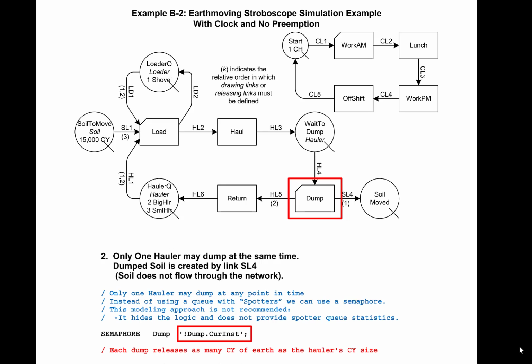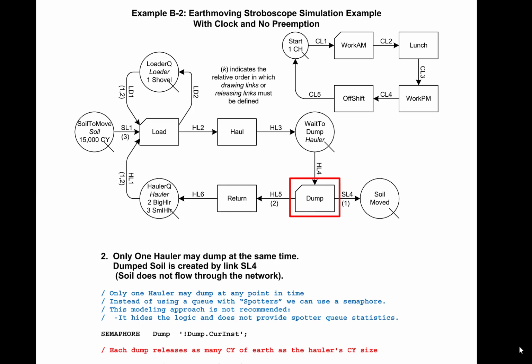So this logical statement ensures that at most only one instance of activity dump may exist at any given point in time, which is the equivalent of having just one spotter. As indicated in the comments, this modeling approach is not recommended because it hides the logic and does not provide the spotter queue statistics that we would get by actually having a spotter queue.